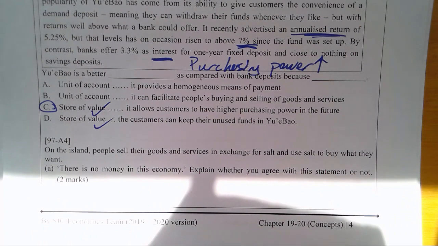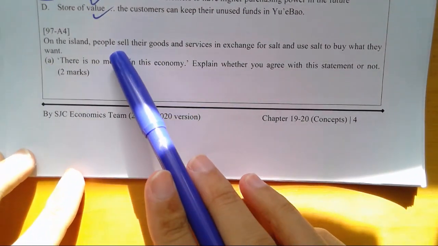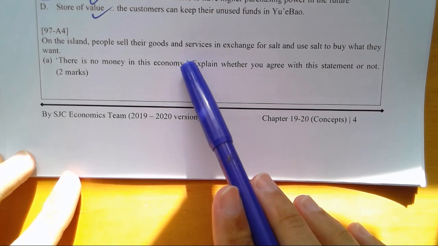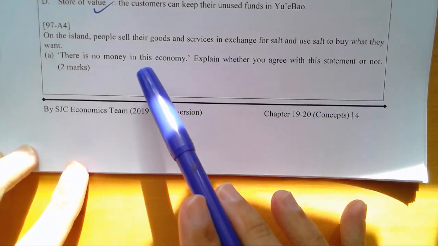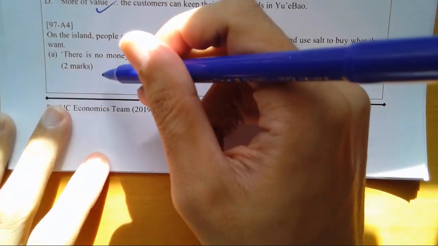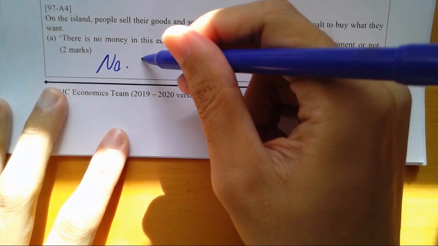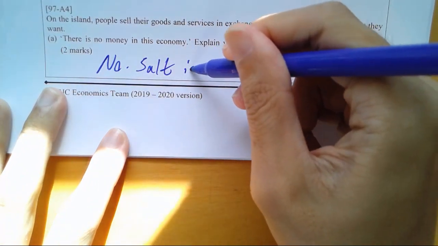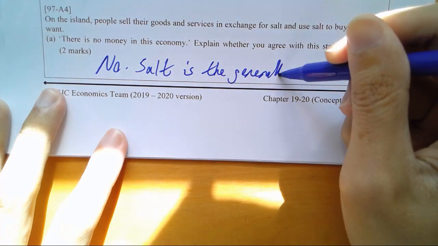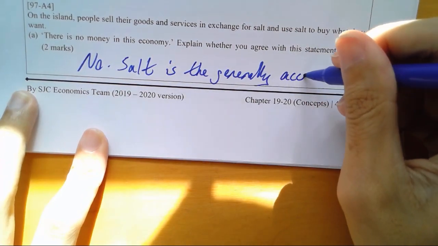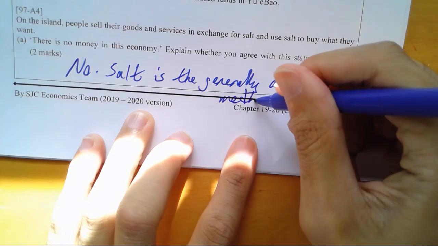Yes, standard answer. Okay, now finally, on the island, people sell their goods and services in exchange for salt and use salt to buy whatever they want. There is no money. No. We do not agree because salt is the generally accepted medium of exchange.